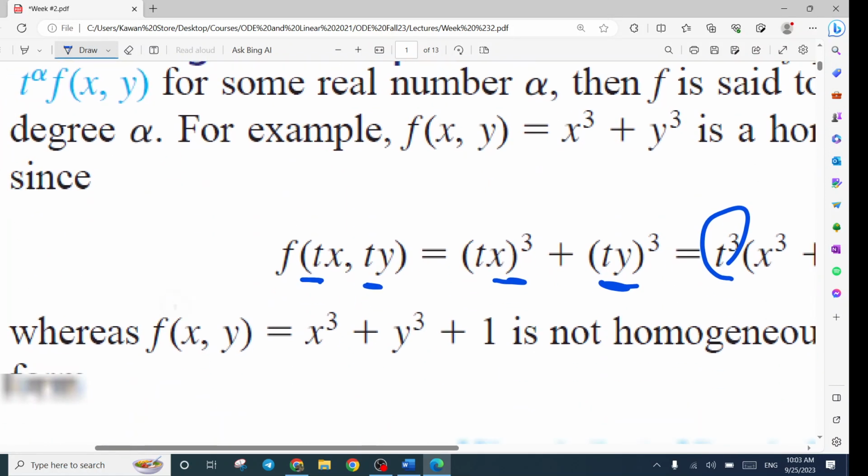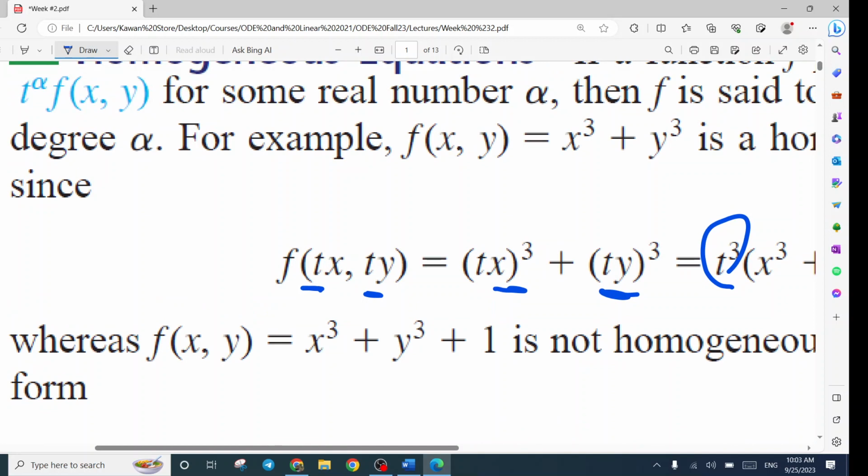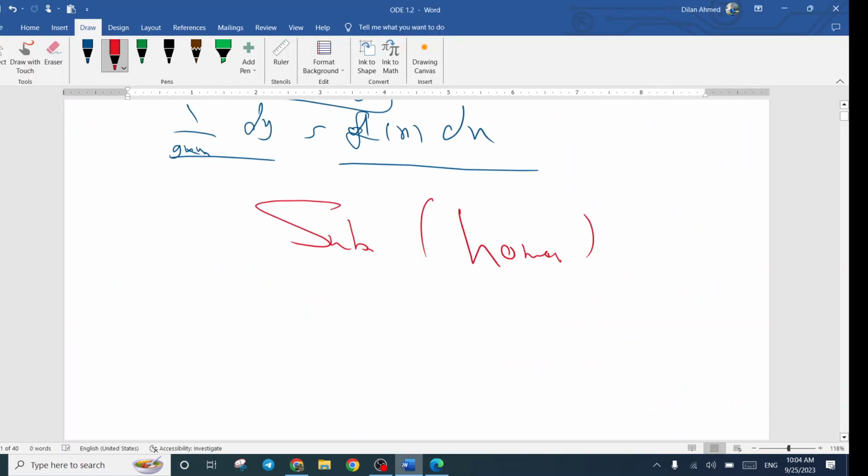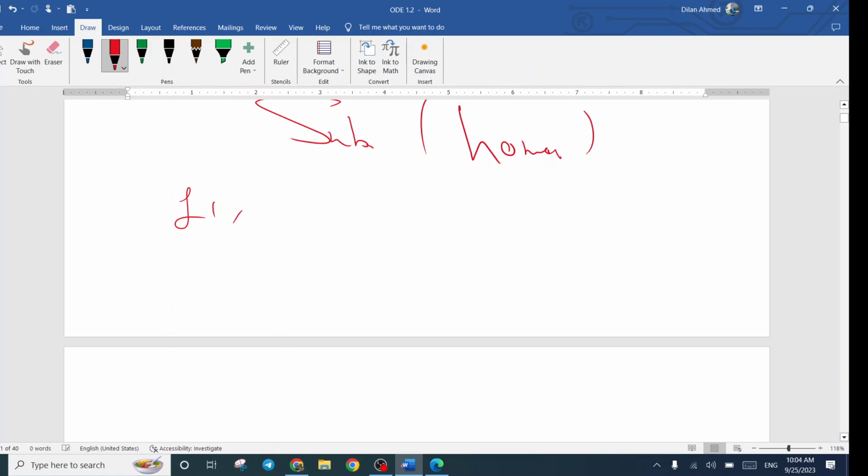This is the example. If I put t here, t here, it means that instead of each x, if I write tx, I'll get what? Tx cubed, right? Plus ty squared or cubed plus 1. Let me bring it to here. f of x, y is equal to 2x, for example, minus 3y plus 2.